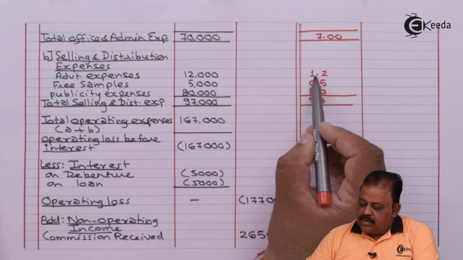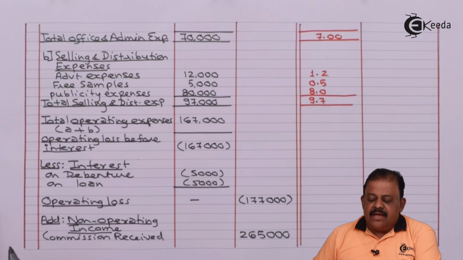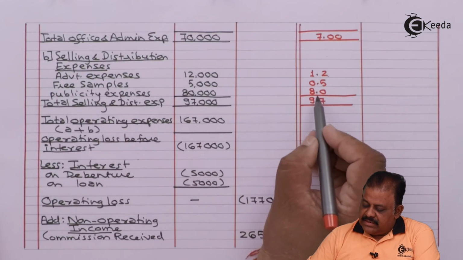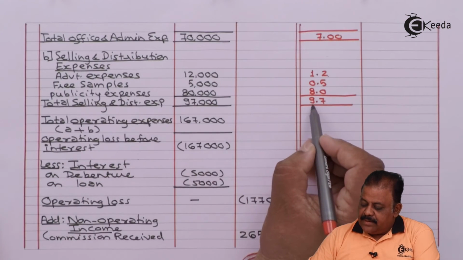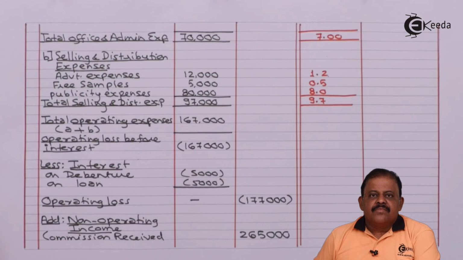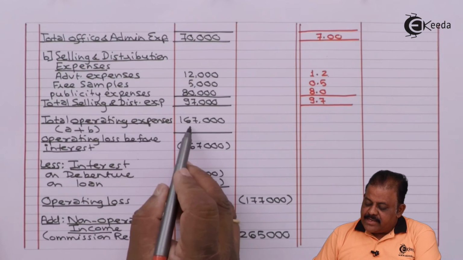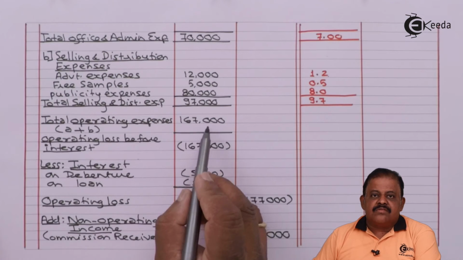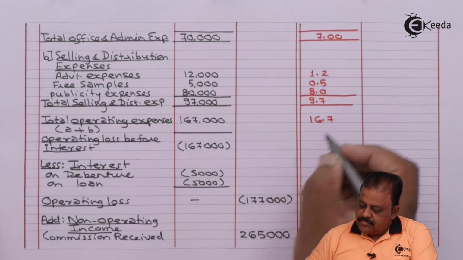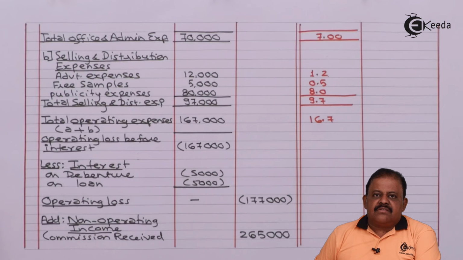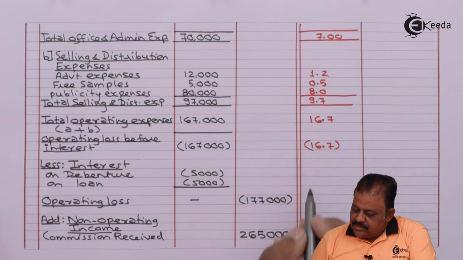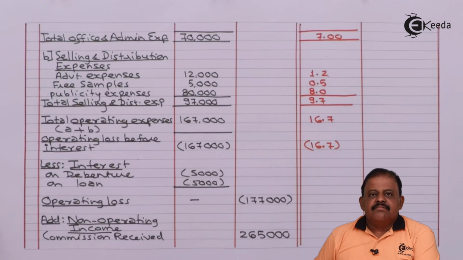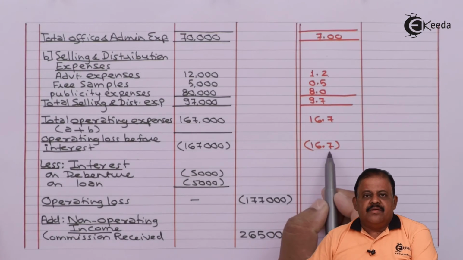Advertisement expenses 1.2%, free samples 0.5%, publicity expenses 8%, total selling and distribution expenses 9.7%. We can calculate for total operating expenses, that is 1,67,000. 16.7%. Operating loss before interest 16.7%.